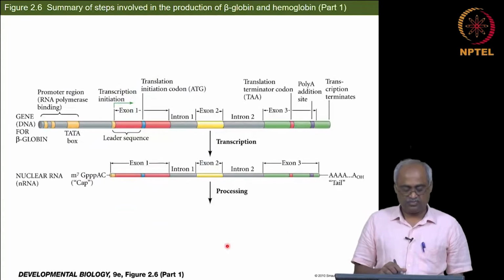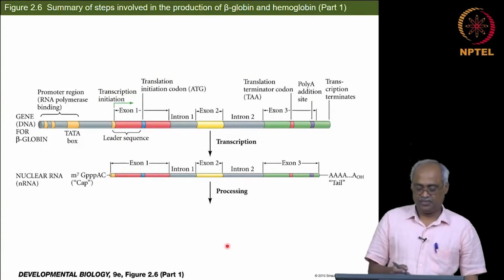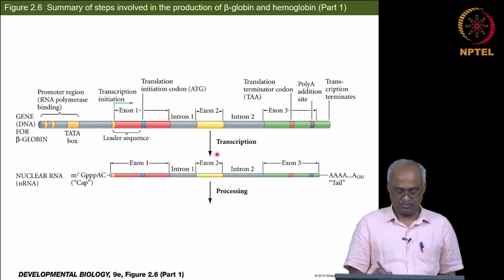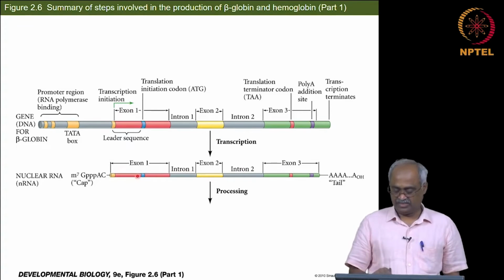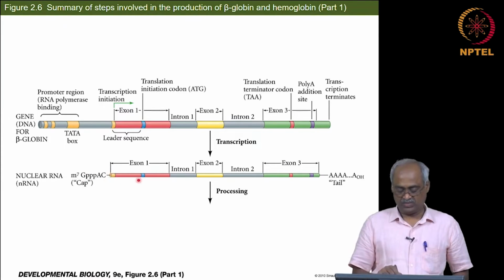So next we are looking at the transcription itself. This is the first step here. So you have the transcription. As soon as the nascent mRNA comes out, or nuclear RNA, you have the cap added, trimethyl G cap. At that stage splicing is not done yet, okay, that is what I want to point out.